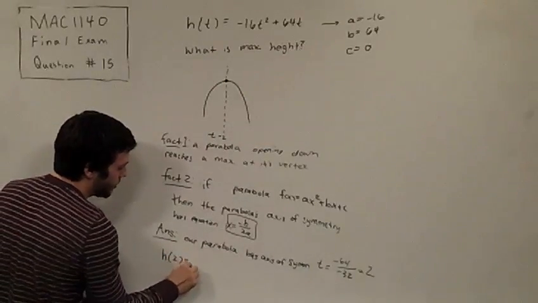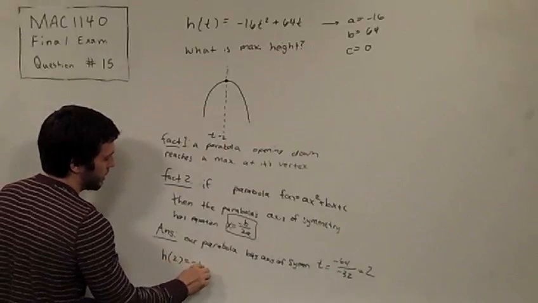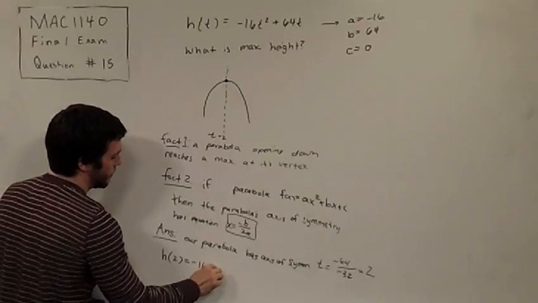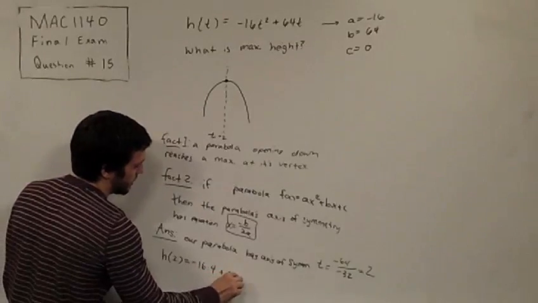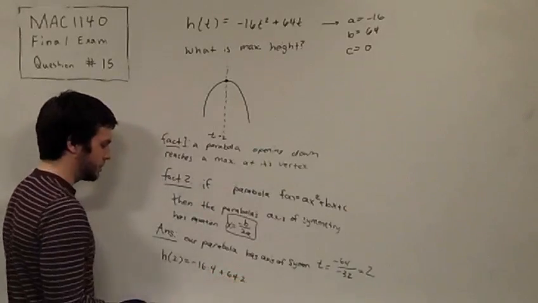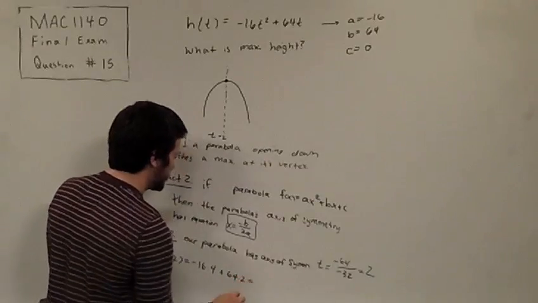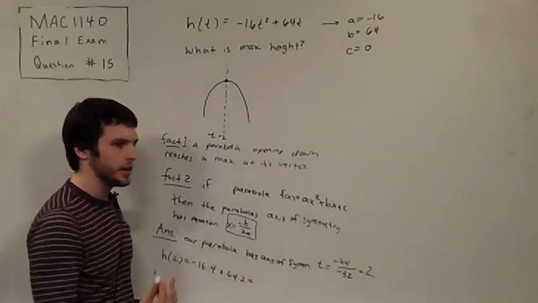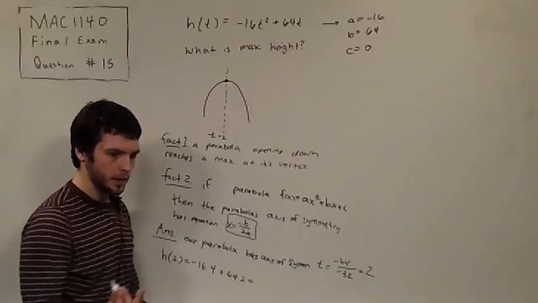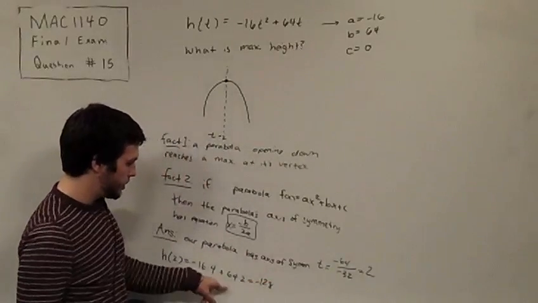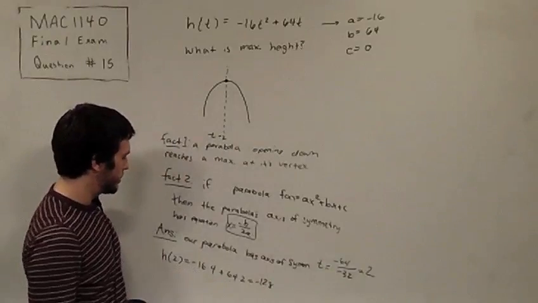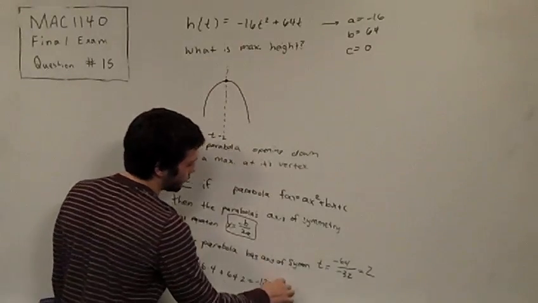So h of 2 is equal to negative 16 times 4 plus 64 times 2. Oh, I just made an error. Negative 16 times 4 is negative 64, and 64 times 2 is 128.